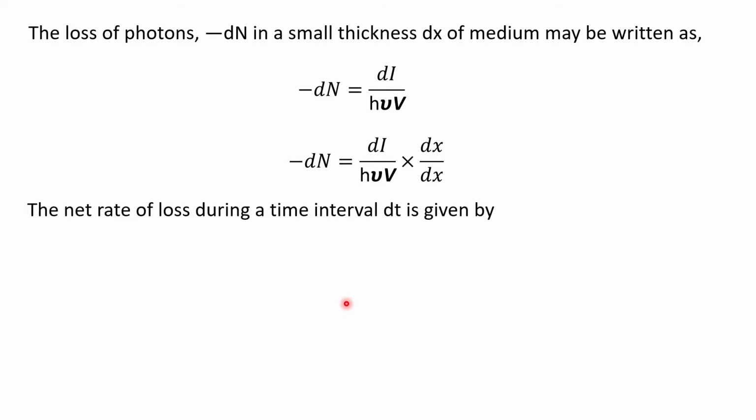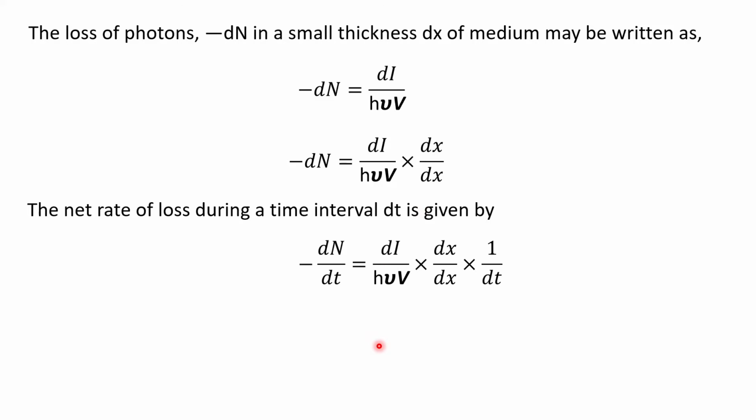The net rate of loss during a time interval dt can be obtained by dividing by dt on both sides of the above equation.